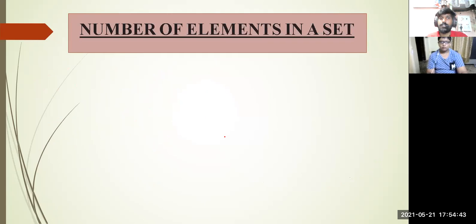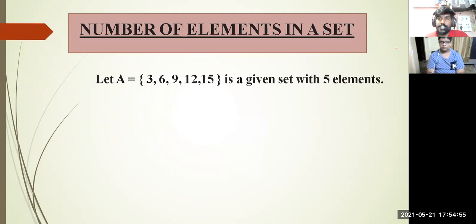Okay. The last concept is number of elements in a set. So if you see this, A is 3, 6, 9, 12, and 15. If you count how many elements are there in this set: 1, 2, 3, 4, and 5.